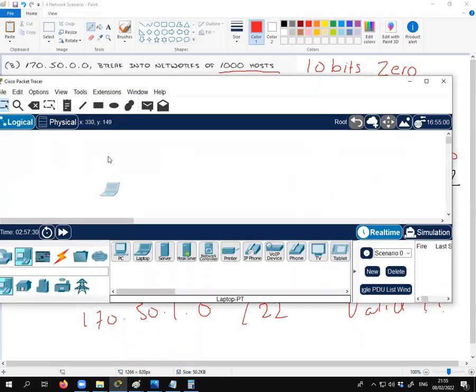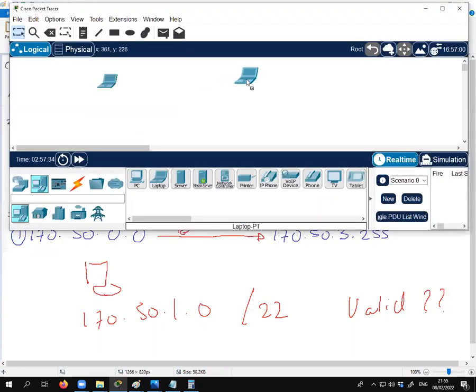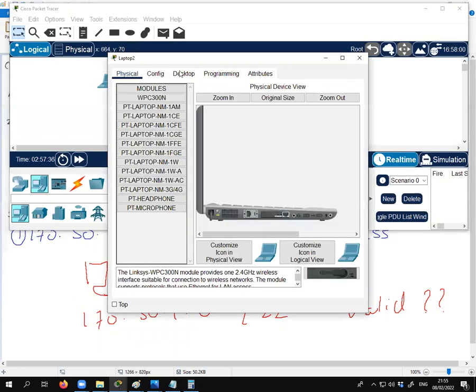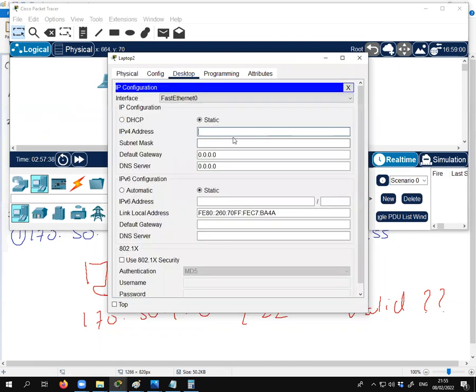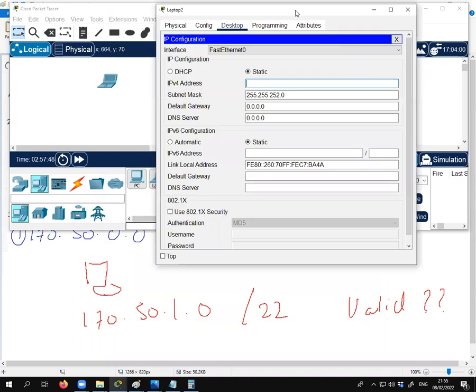And I'm going to give this guy here, I got another PC, and I need to put in the subnet mask first for some reason, 252.0, and I'm going to give this guy a different address: 170.50.2.255.